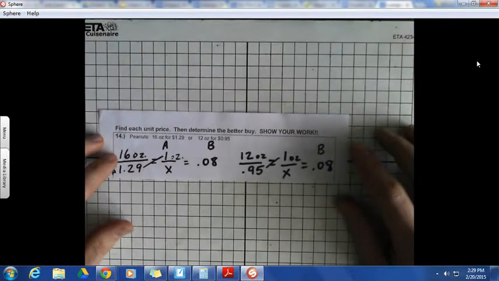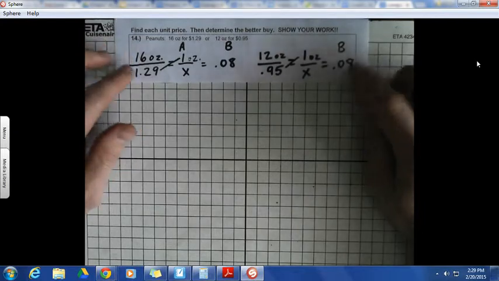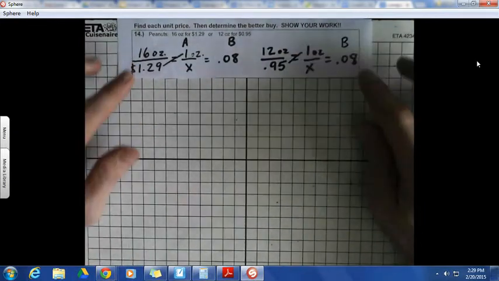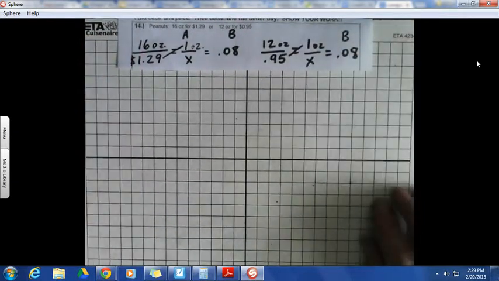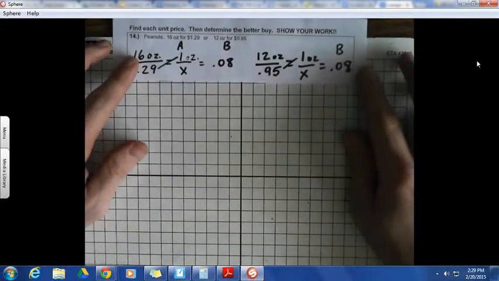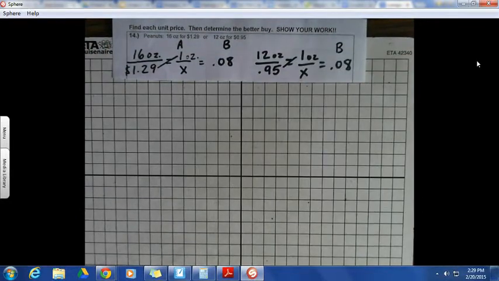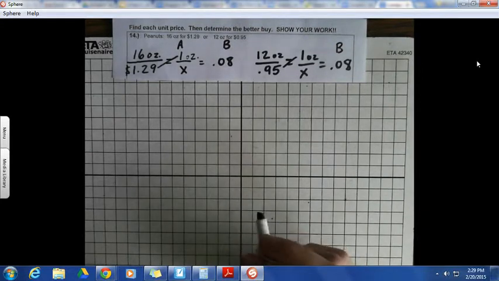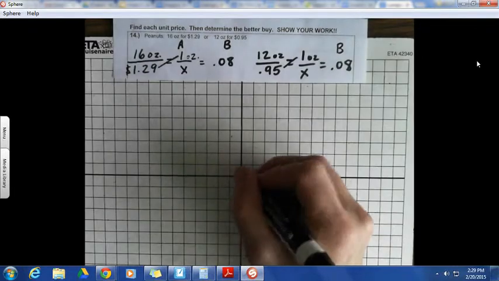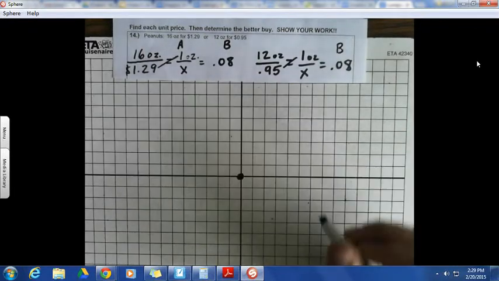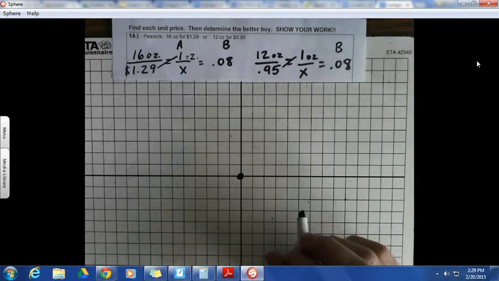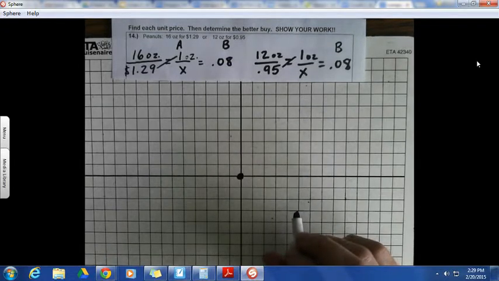I'm going to go over to our graph, and I'm going to keep our prices in the shot there as a point of reference. Okay, so 1 ounce costs 8 cents. So let's graph the price of the peanut brand A first. We know that a unit rate graph starts at the origin, because 0 ounces of peanuts cost $0.